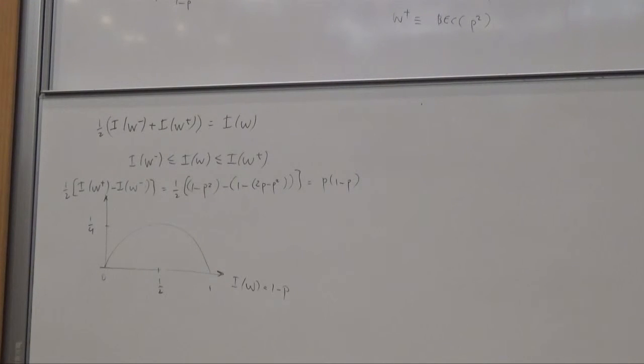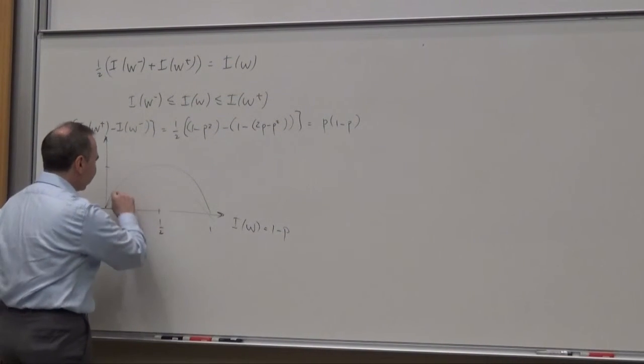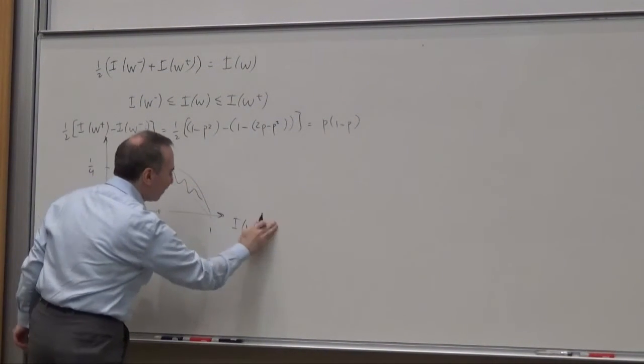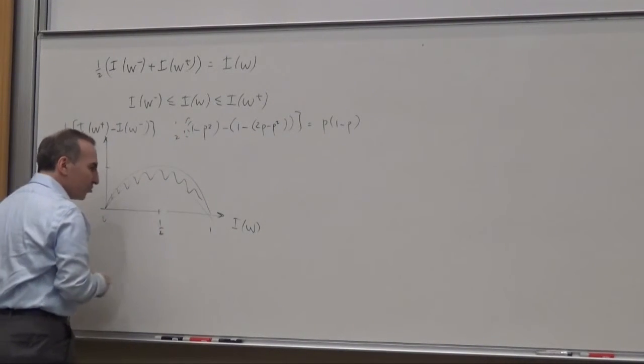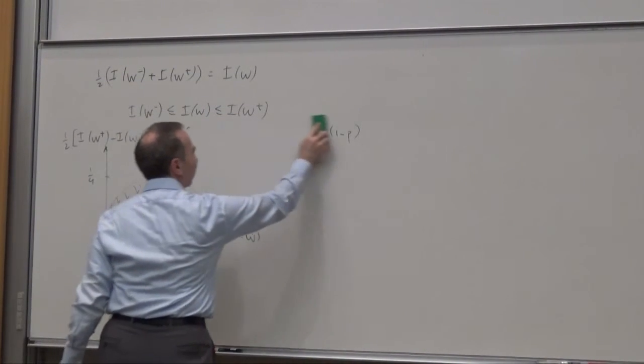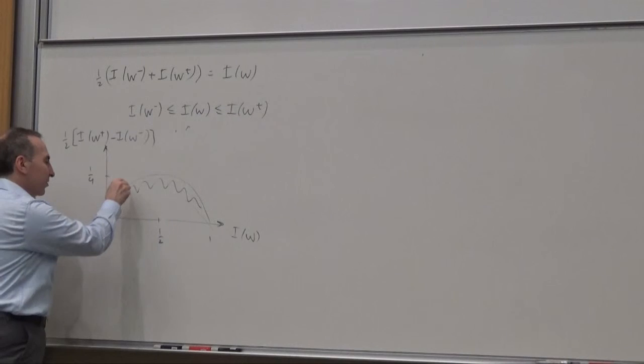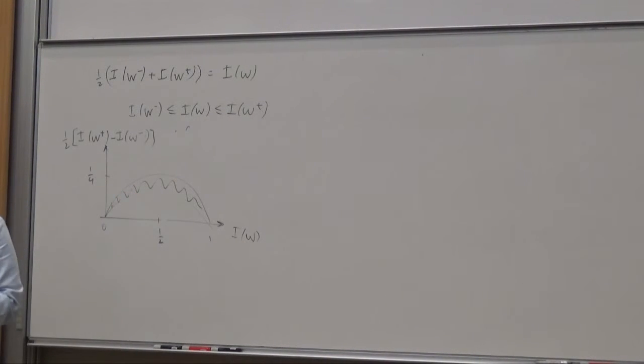Now, it turns out that such a thing is true no matter what. For any kind of channel, whether this is the erasure channel or not, you end up with a picture such as this: no matter which channel you start off with, if you plot on the x-axis the mutual information of the channel IW, and on the y-axis this point, you're going to end up at a point which lives in this crescent.